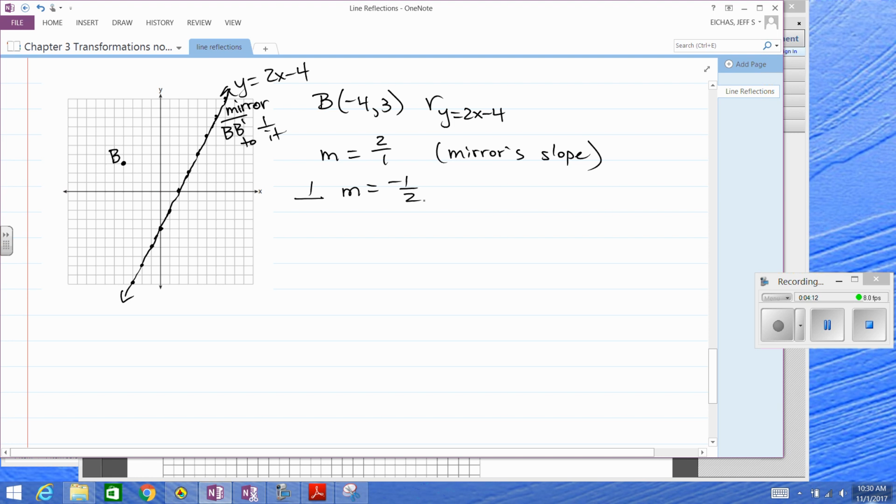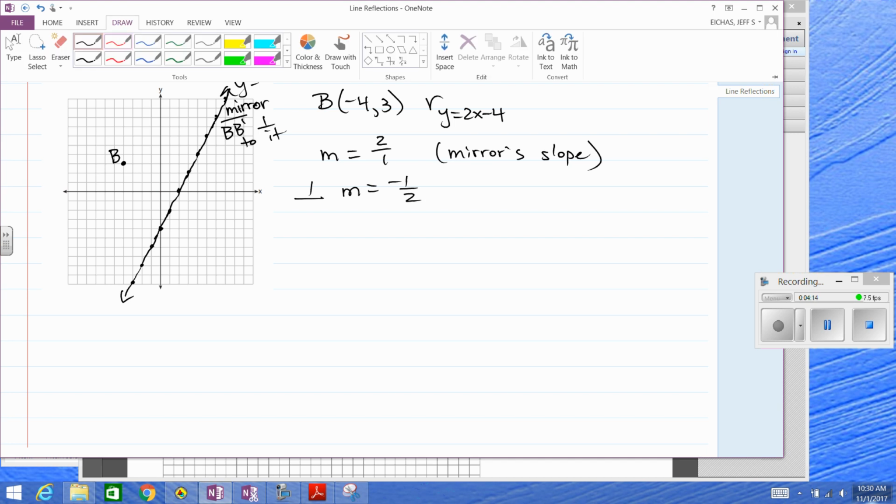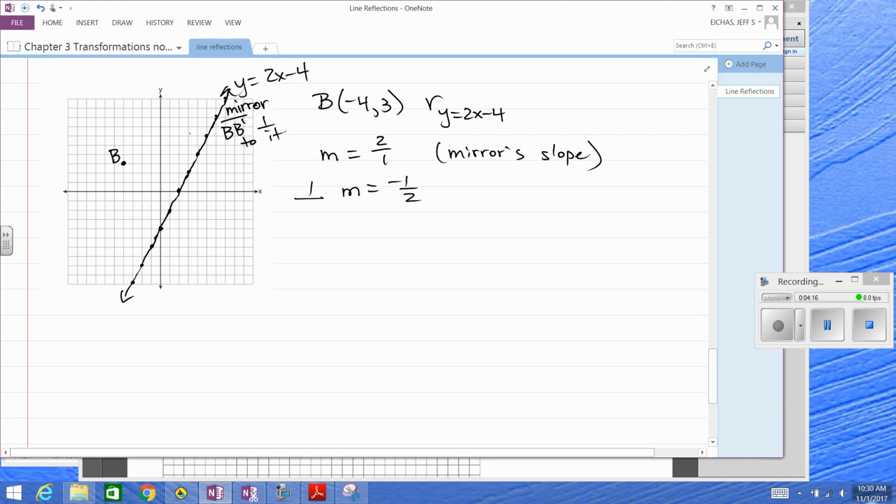So we're going to sketch the path B has to follow to find B prime. B has to follow a down 1, right 2 path. So there it is. This is B prime's path, so that it's perpendicular. Remember, that's one of the first things. So B prime is somewhere on this path.